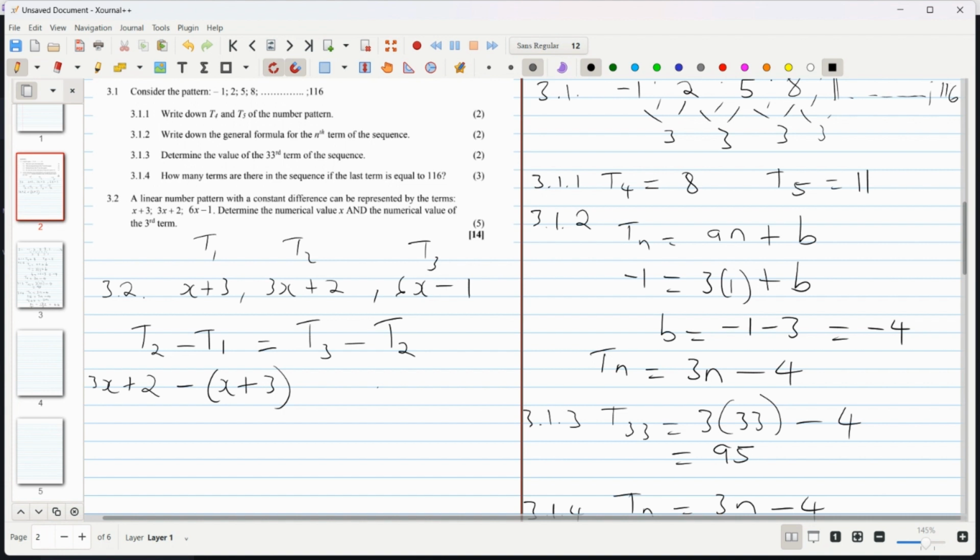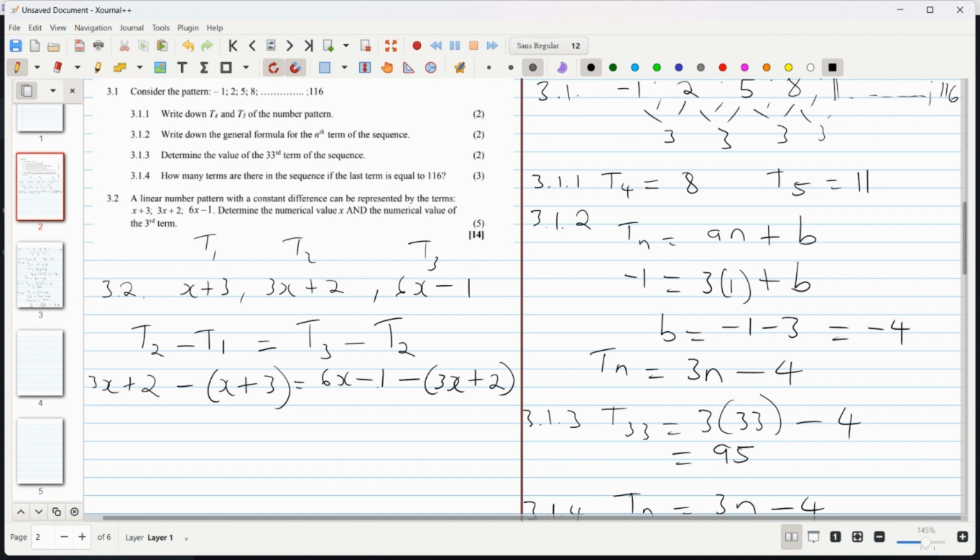Please don't forget the brackets. Then term 3, you have 6x minus 1 minus 3x plus 2. Also put brackets here because you have two terms.